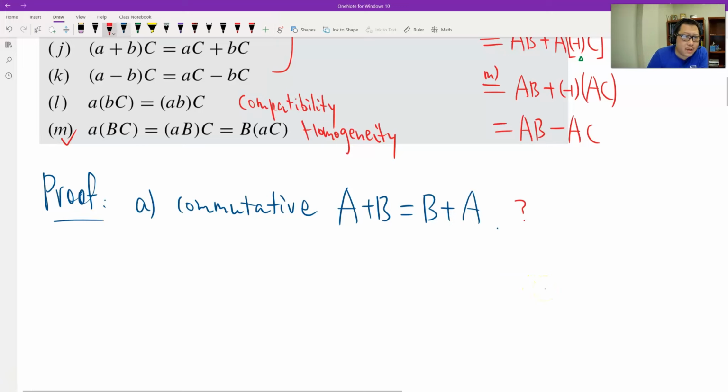So how do you describe, how do you denote this? We can do this.